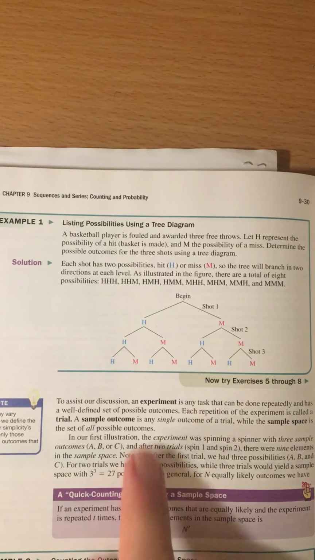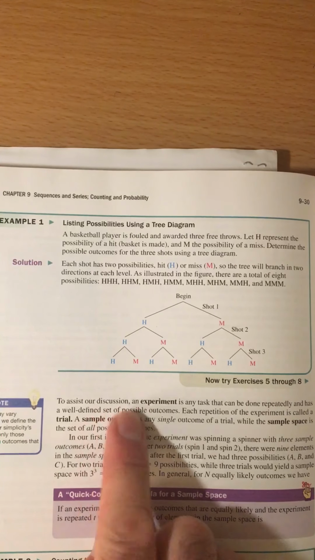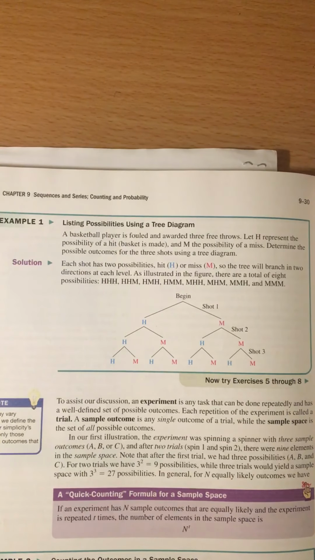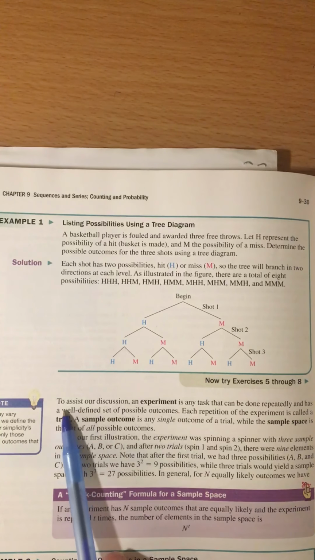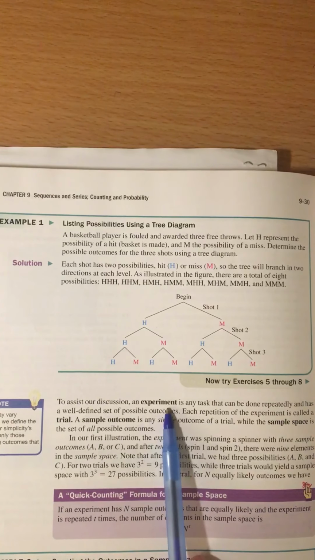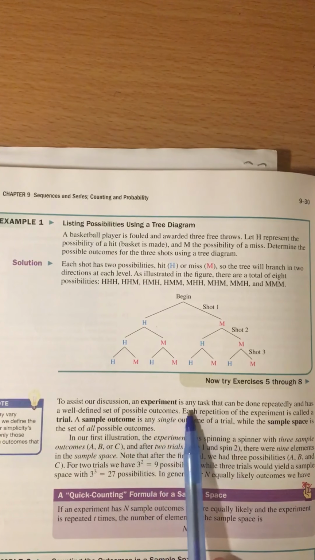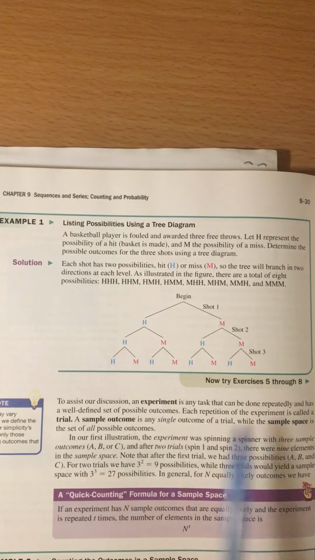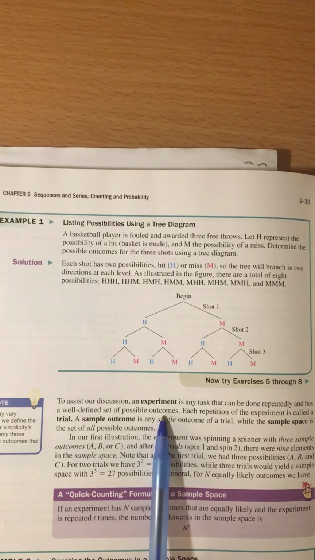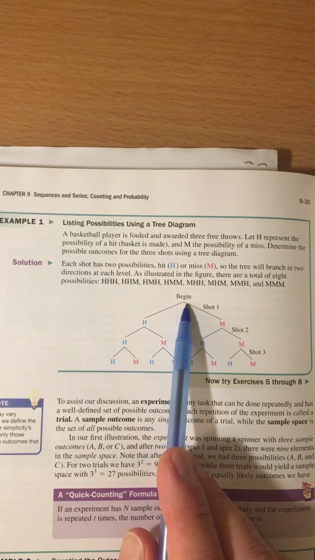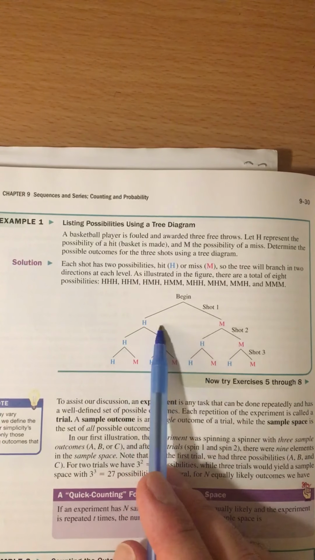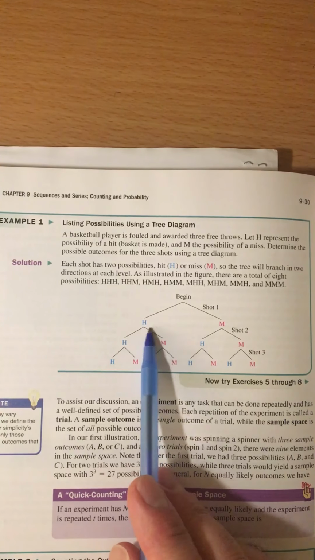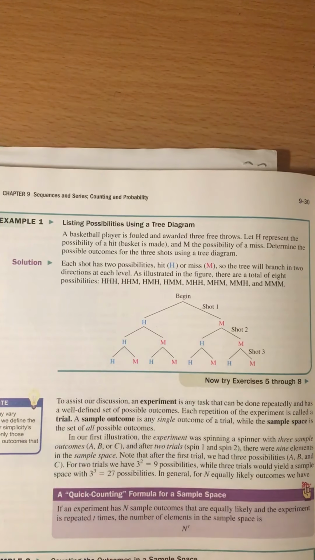Now, this little paragraph here is important because of the terminology that is mentioned. It says, to assist our discussion, an experiment is any task that can be done repeatedly and has a well-defined set of possible outcomes. So shooting the basketball and hitting or missing it, that's an experiment with defined results.